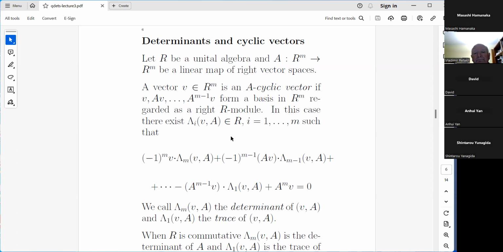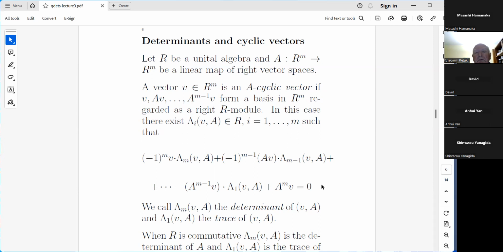But then if you add another power, A to the m, you must have a linear relation: some linear combination of these vectors must be equal to 0, because you have m plus 1 vectors in an m-dimensional space.